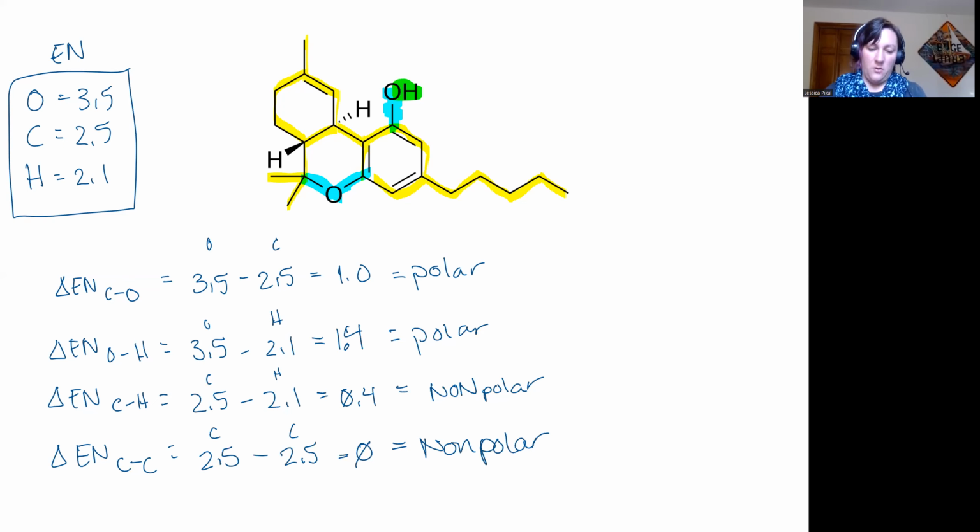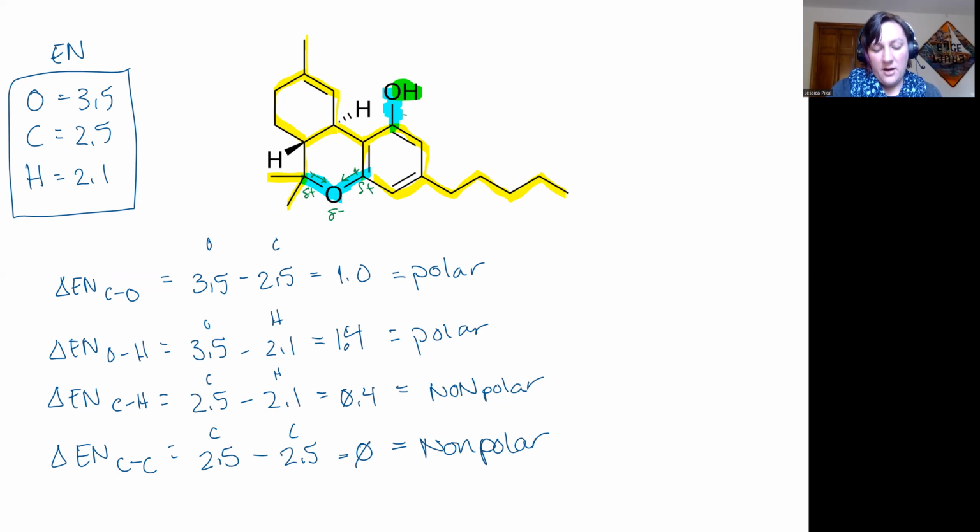All right. So the only polar bonds I have in this molecule are the oxygen-carbon bonds and the oxygen-hydrogen bonds. So this will be a partially negative oxygen and a partially positive carbon bonded to it. I could also do my little dipole arrows here.